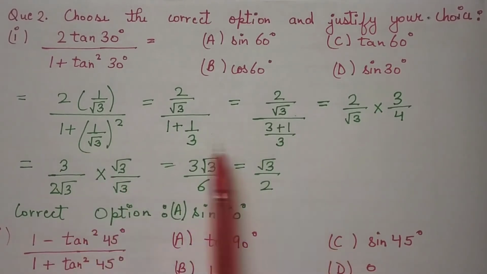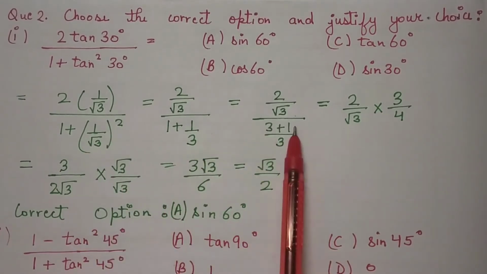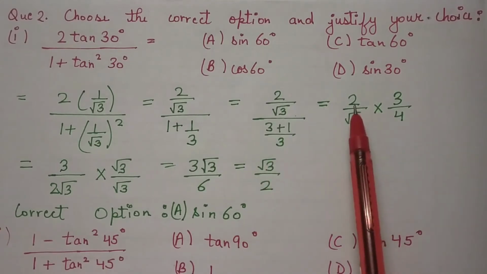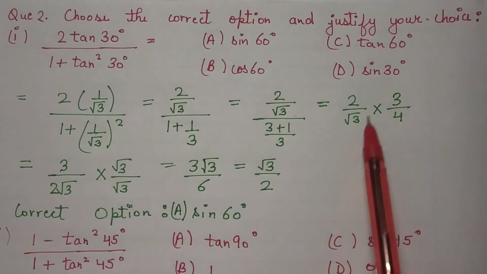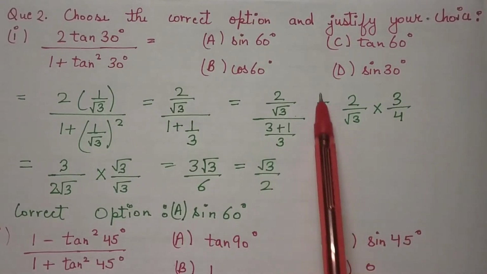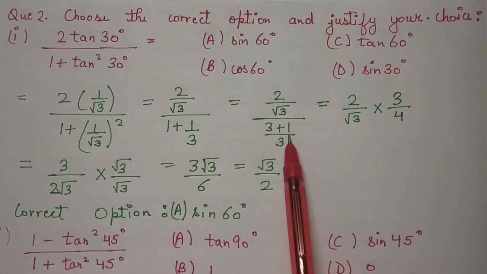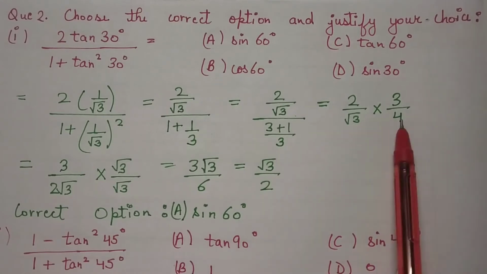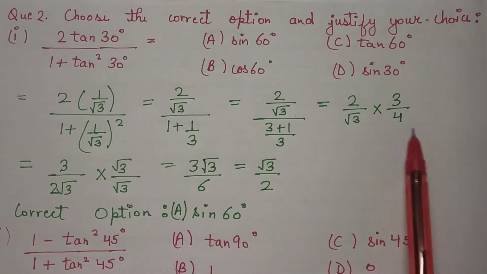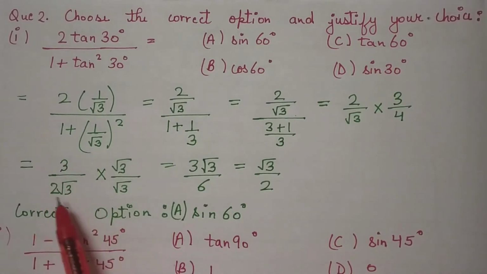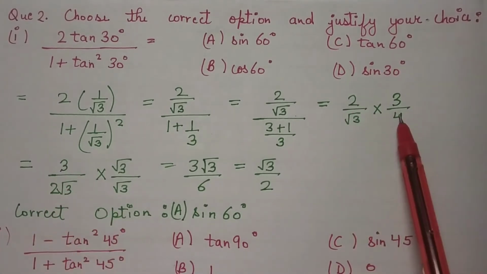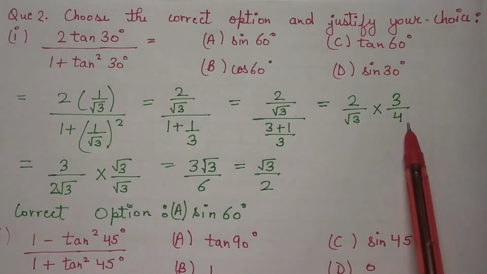Now take the LCM in the denominator, 3 plus 1 by 3. Now taking it above, 2 root 3 multiply 3 becomes in the numerator and 3 plus 1, 4, is in the denominator. So multiplying, I have got 3 by 2 root 3 because 2 and 4 get cancelled and it becomes only 2.